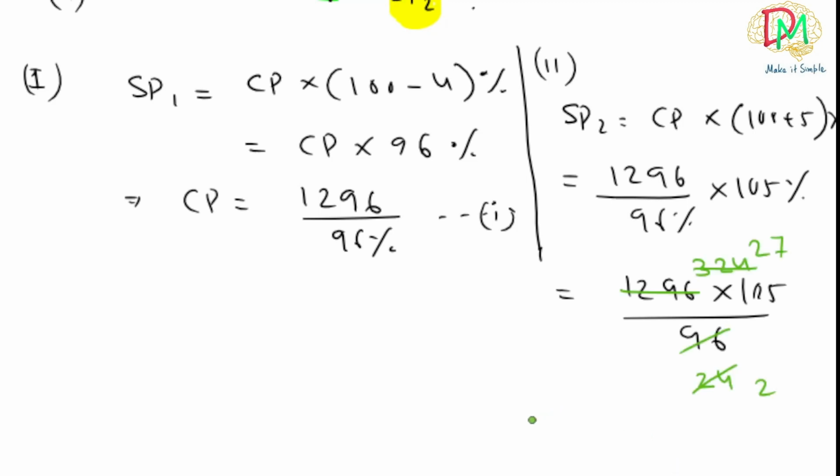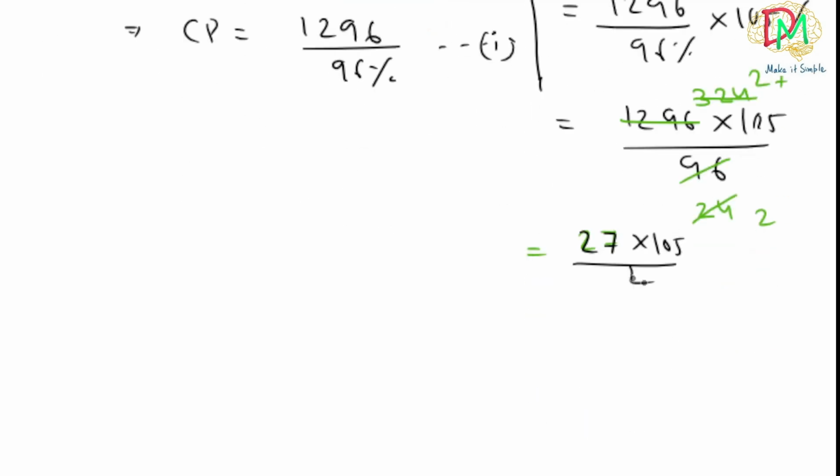Finally we get 27 into 105 divided by 2. First multiply the numerator, then divide by 2, because finally we get 1417.5.